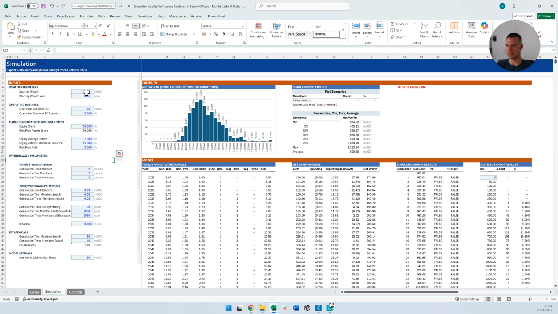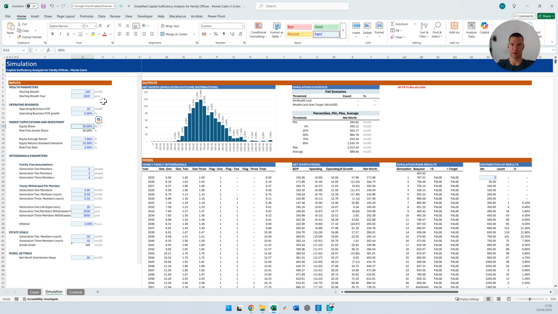Within the inputs, you're gonna see starting wealth parameters, starting here, operating business. That means in case the family still has a business that's bringing in cash flow. That cash flow can grow with a given percentage year over year.